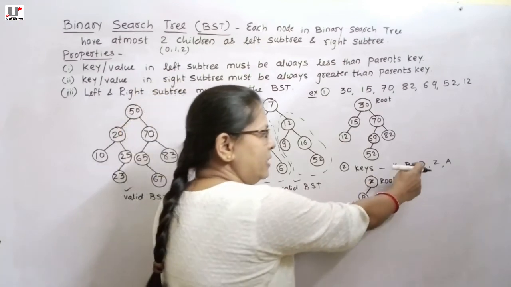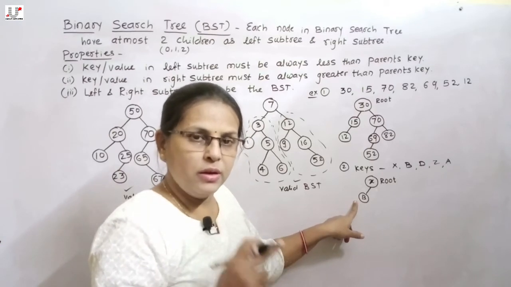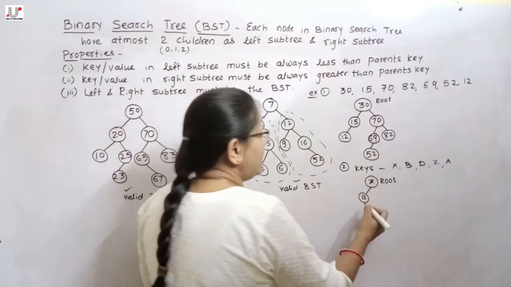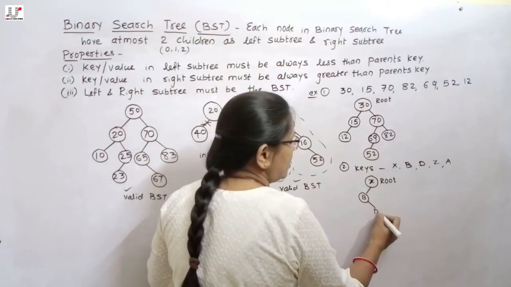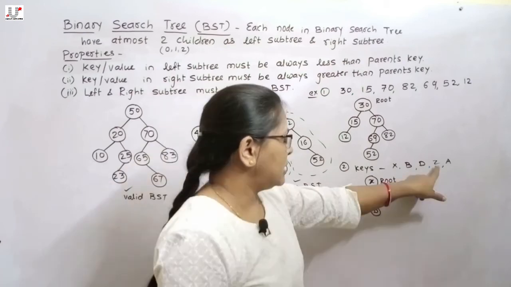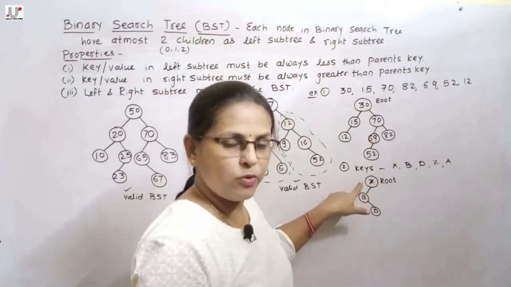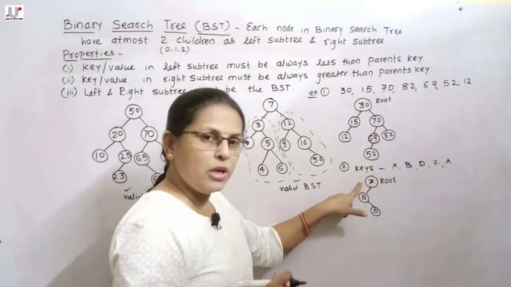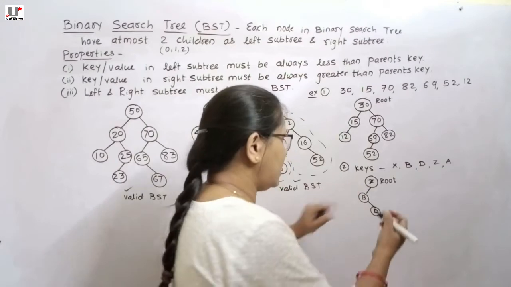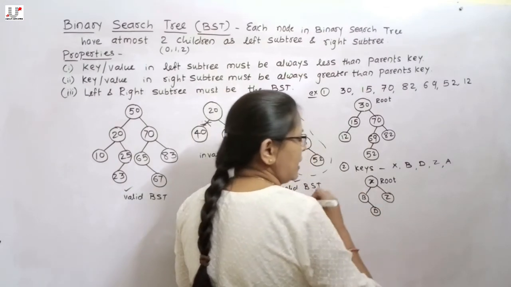Again D gets compared with B. In alphabetical order, D appears after B, so D gets added as the right child of B. The next element is Z. Compare Z with the root element first, and in alphabetical order Z lies after X, so Z gets attached as the right child of X.